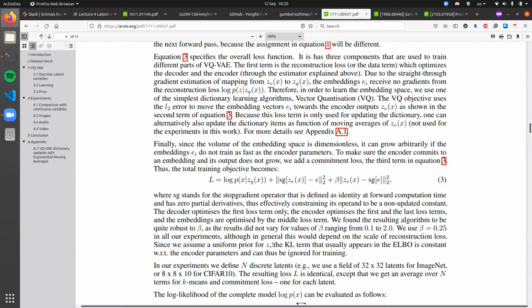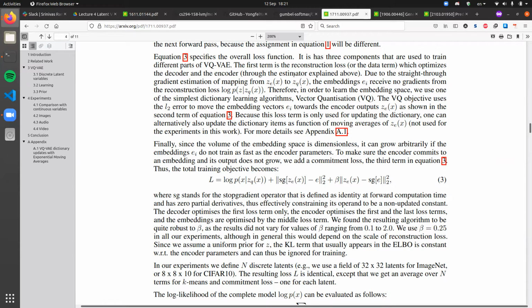That is because in this case we assume a uniform prior over these embeddings, and, as stated here, since we assume a uniform prior over z, the KL term that usually appears in the ELBO is constant with respect to the encoder parameters and can thus be ignored for training.